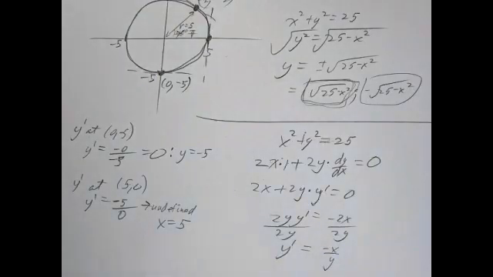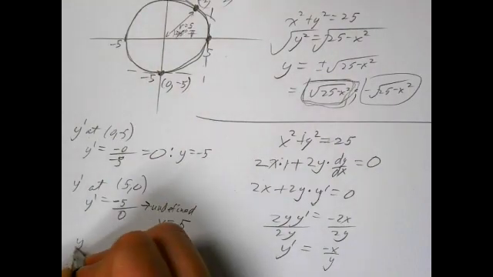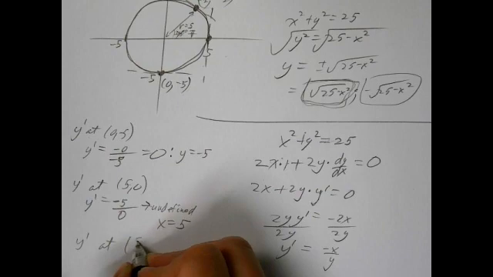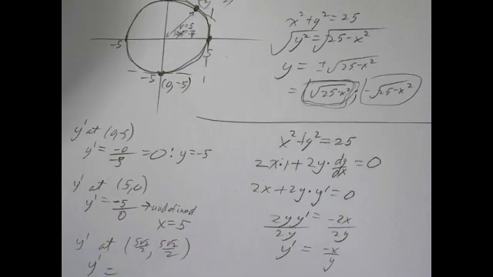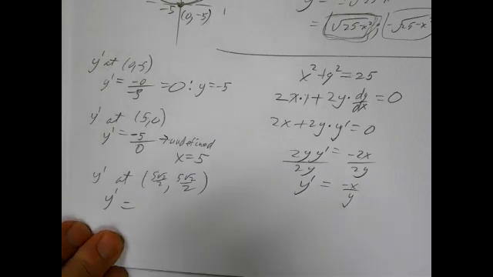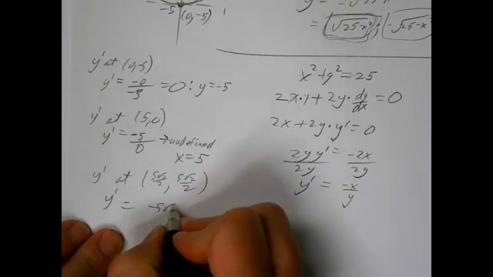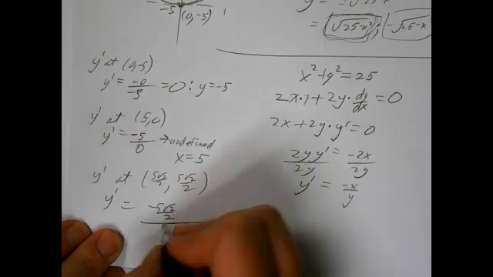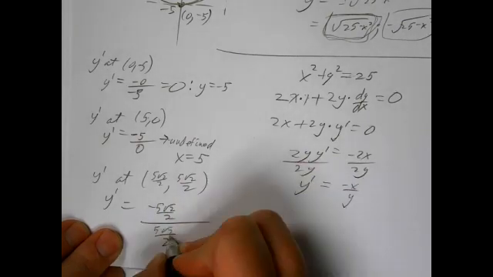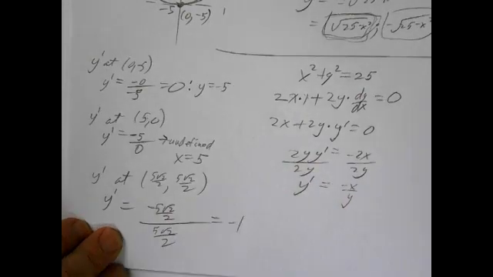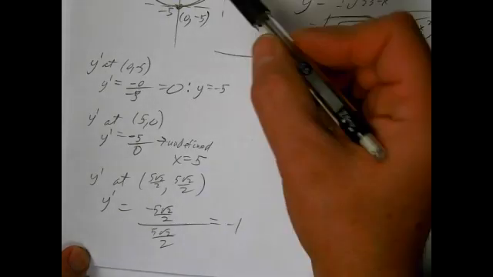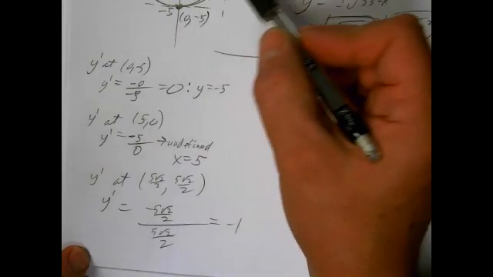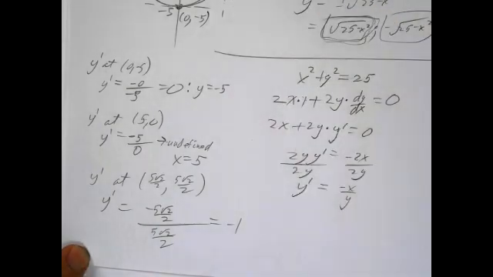Okay, so y prime at 5 square roots of 2 over 2, comma, 5 square root of 2 over 2 would be y prime equaling the opposite of x over y, which would be a -1. Again, is that a surprise? It really shouldn't be. I mean, we hit it right out here where it has a 45-degree angle. Shouldn't be a surprise that that's what it turned out to be.